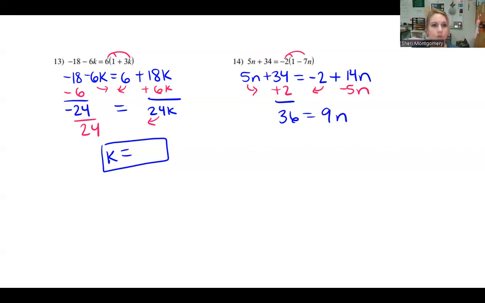Sweet. One last step. Inverse of multiply by 9 would be divide by 9. We are almost finished. 36 divided by 9. 36 divided by 9 is 4. So your answer is 4. Watch with volume and you can get the answers.